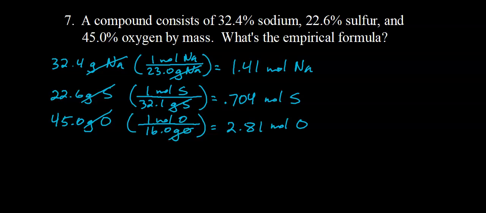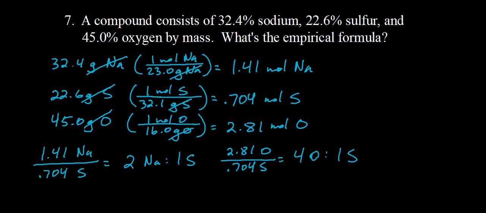So always divide by the same thing. So let's set that up. So here are our 2 ratios. We have 2 sodiums for every 1 sulfur, and we have 4 oxygens for every 1 sulfur. Again, it's important that we divide both the sodium and the oxygen by sulfur. And if we do that, then the sulfurs in our 2 ratios are going to be the same. If they're not the same, though, make them the same.